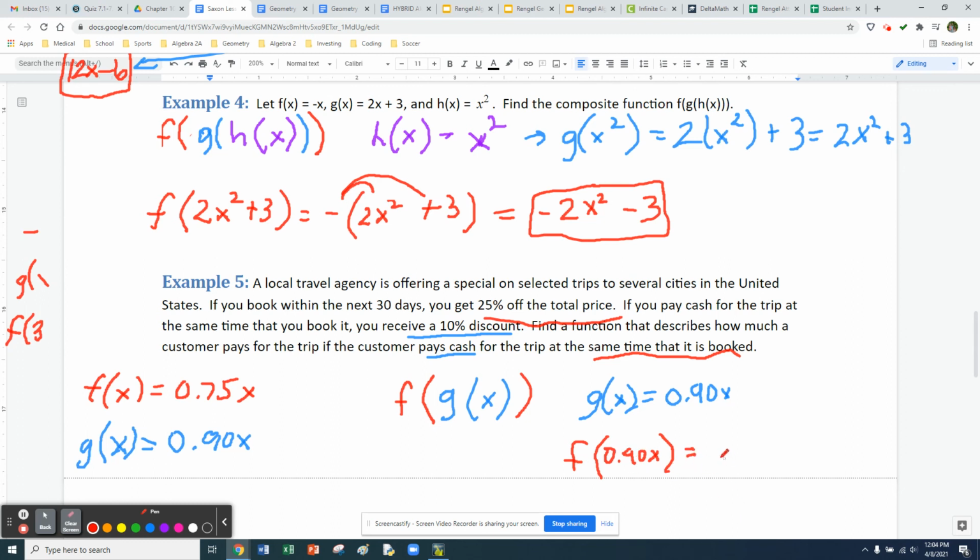So f of 0.90x leaves me with my f function, which was 0.75x. So 0.75 times 0.90x, and we end up getting 0.75 times 0.9, which gives me 0.675x.